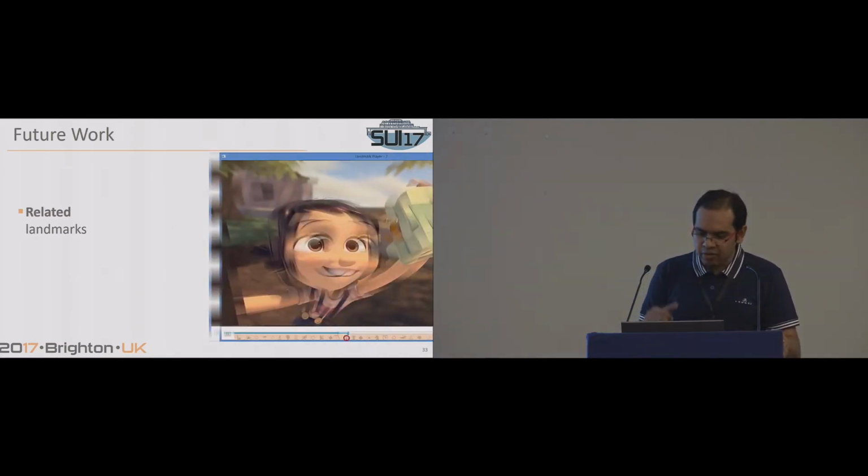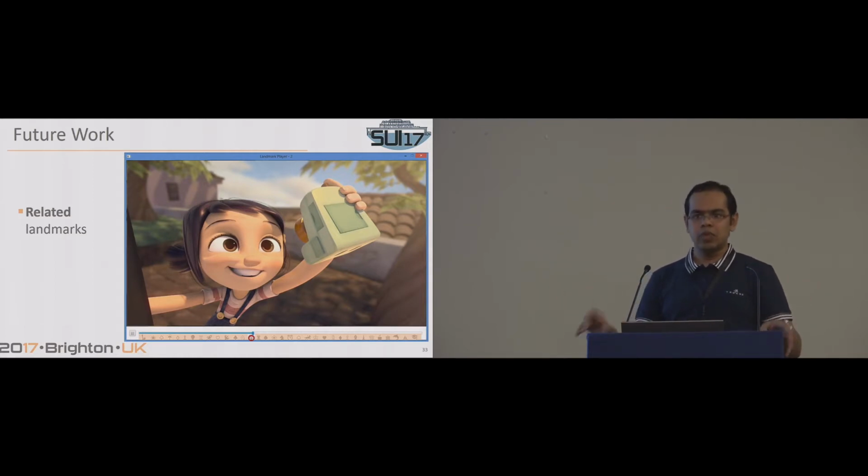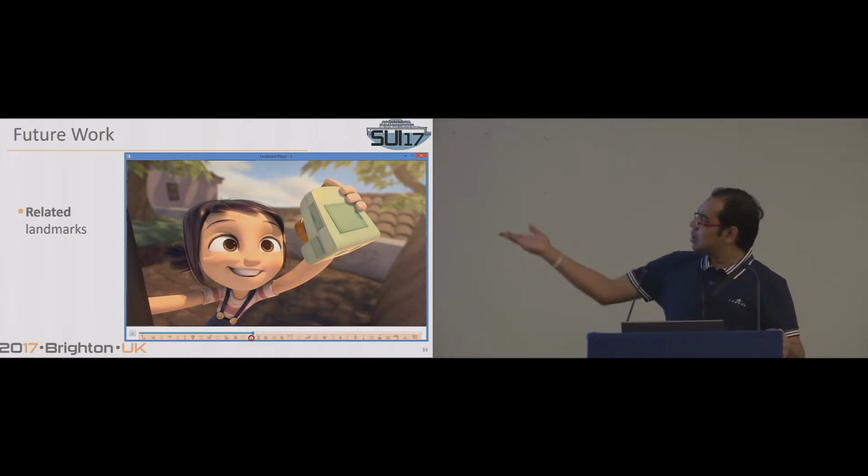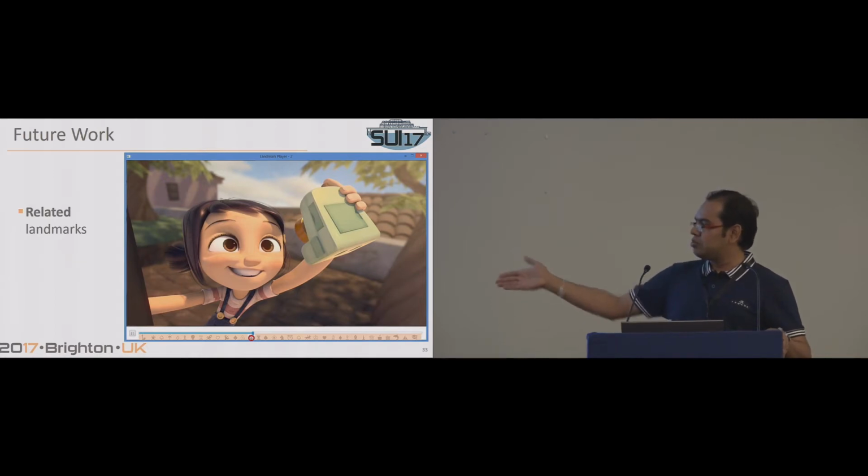So instead of using random abstract icons, we can use related icons in the system. Just as you can see in the example, for the camera scene, we can use a symbol of a camera in the scroll bar so that it can refer to that location. So we would like to explore this idea in future.